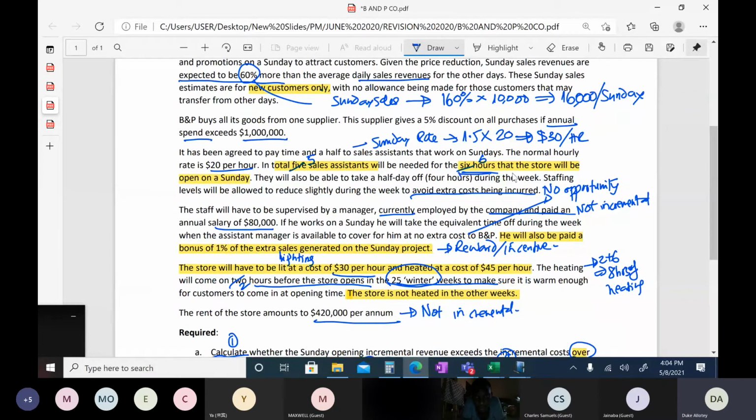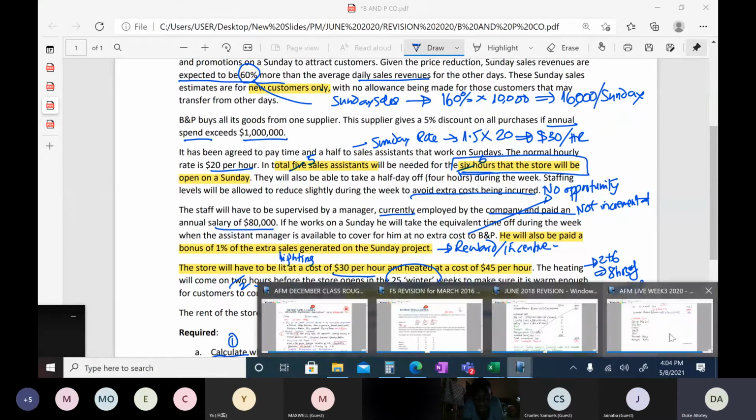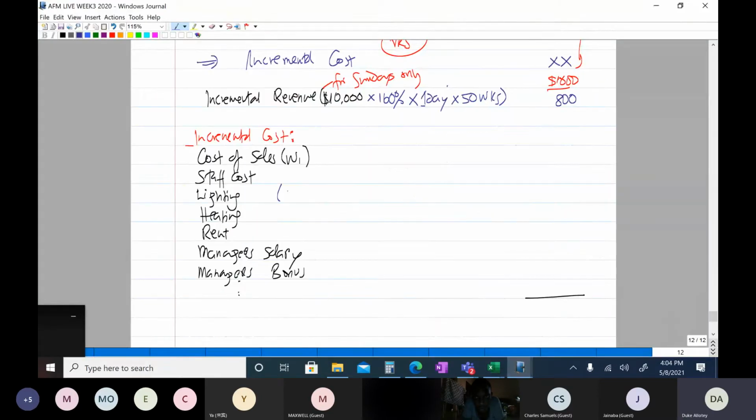So lighting will be 6 hours, $30, and for the 50 weeks of Sundays, this will be 50 weeks. And so lighting should be 9,000 thereabout. So lighting shouldn't be difficult.